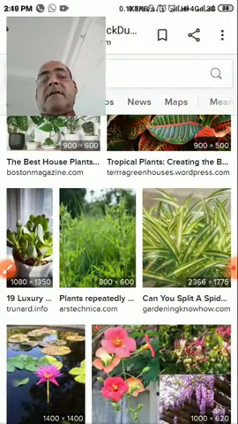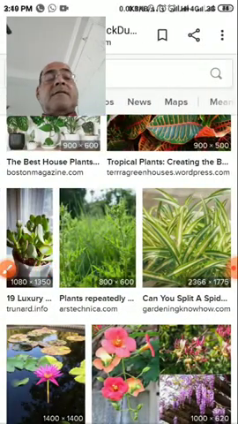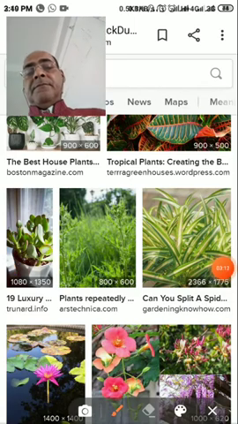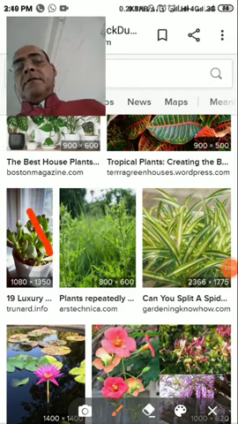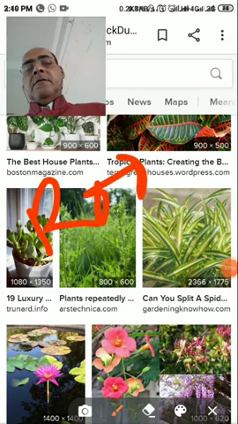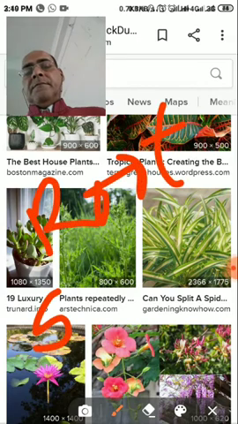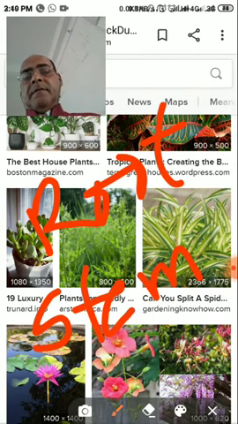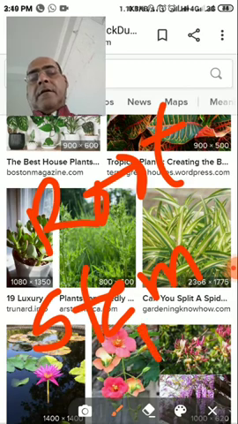Dear students, let us see the structure of the plant, how the plant gets structured. So you will find that the plant has root, stem, and flower.